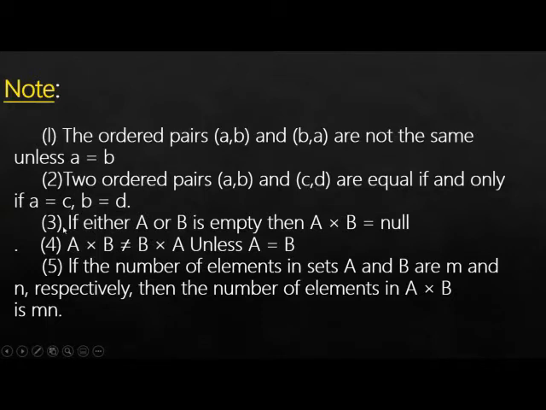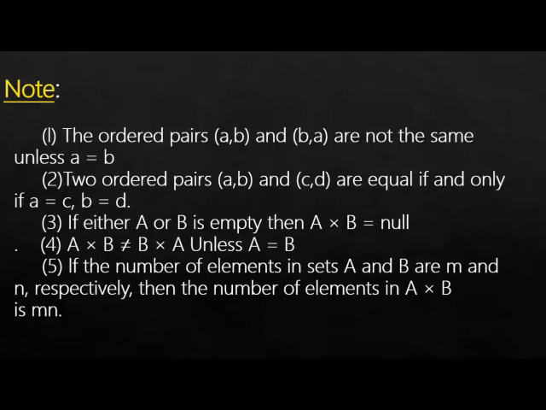Number three is if either A or B is empty, then A cross B is equal to the null set. What does it mean? It means that if set A is empty, it doesn't contain any elements, so it can't be paired up with any of the elements of the B set. So the answer would be a null set.